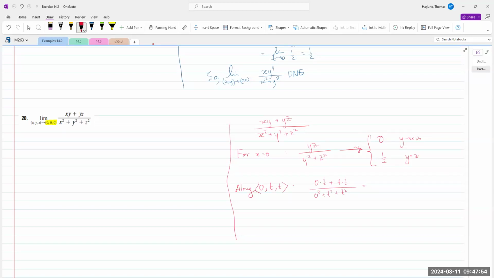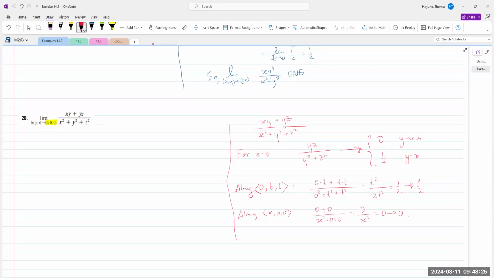This is t squared over 2t squared, which is 1/2, converges to 1/2. But if we go along the x-axis, that will be 0 plus 0 over x squared plus 0 plus 0, which is 0 over x squared. That's 0 on arrival.